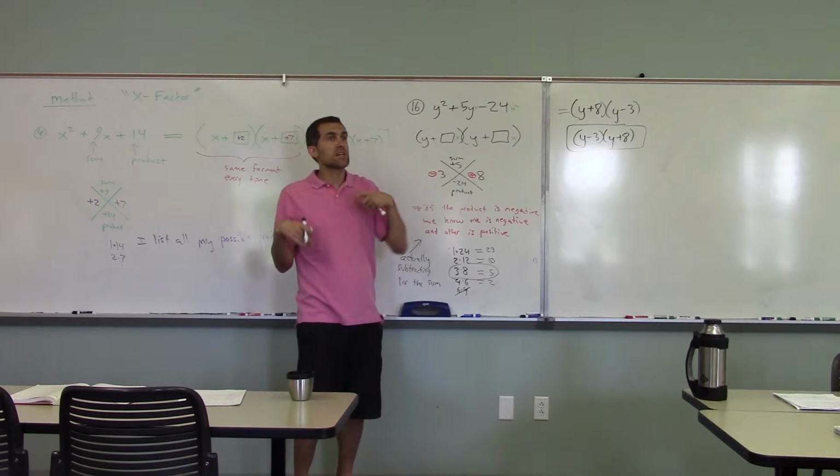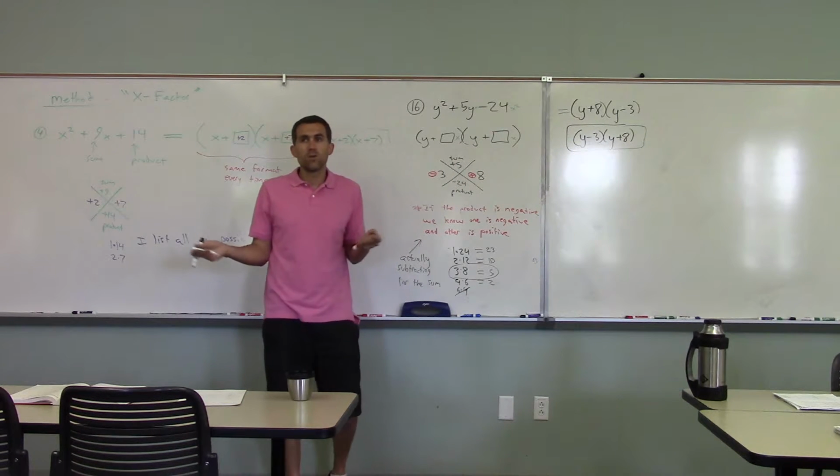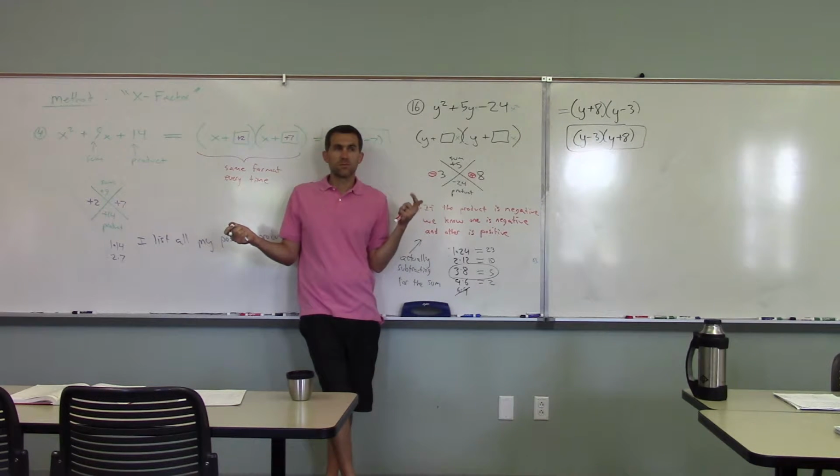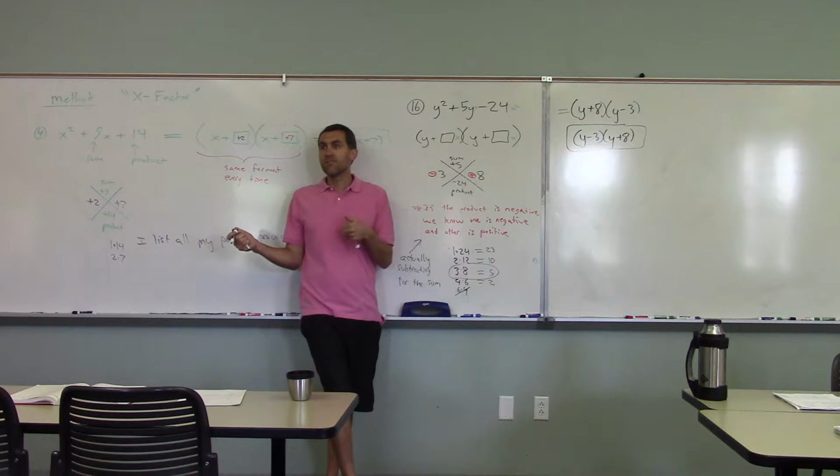The only other hiccup they could add is, we just did 6.1, and what did we learn in 6.1? Trinomials. 6.1 yesterday? You can do it with GCF. Yeah, find a GCF. So the thing they could add here is, the very first step, take out something that's redundant.